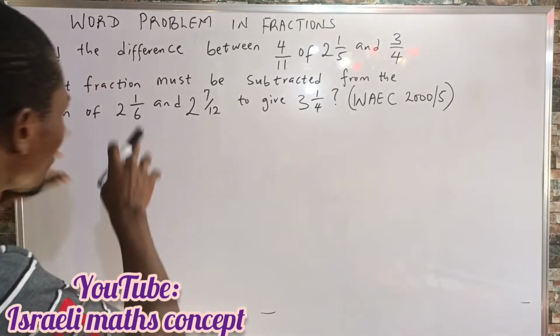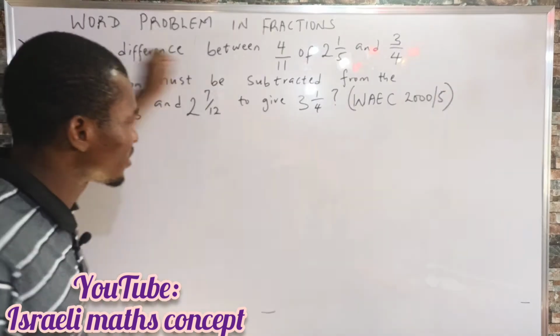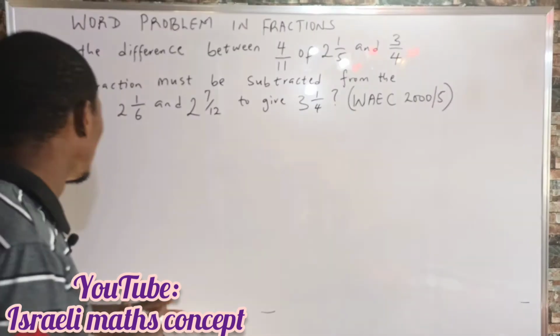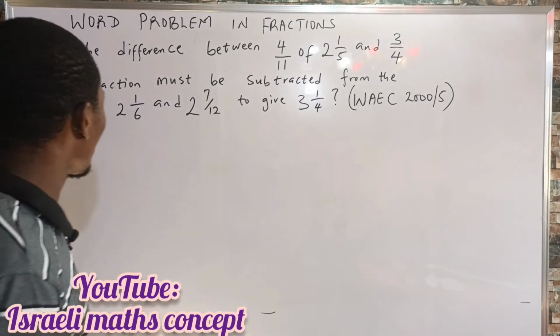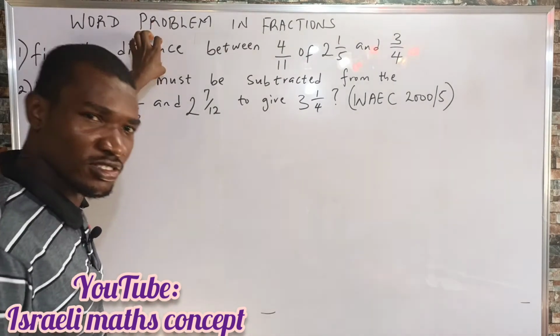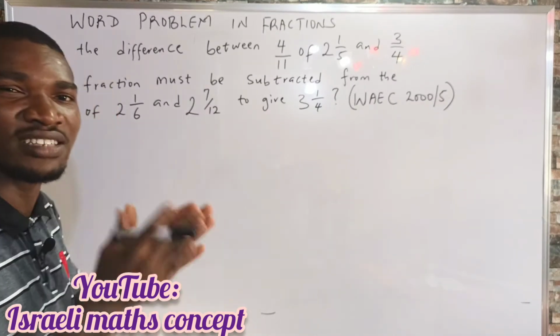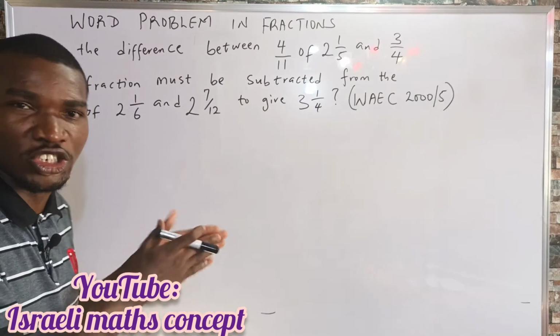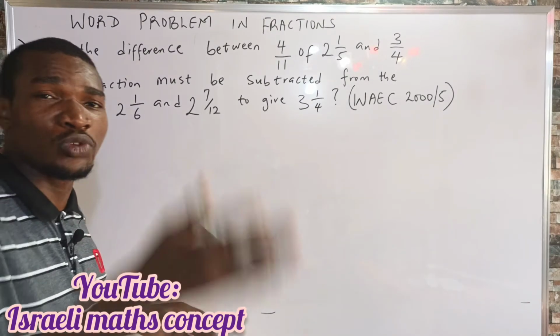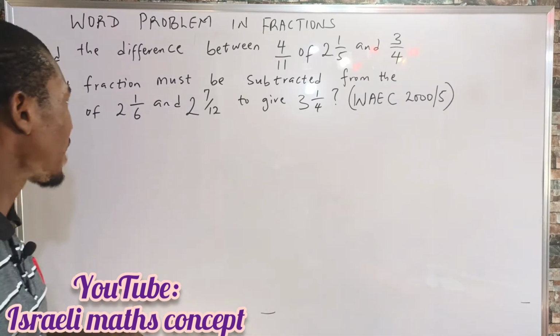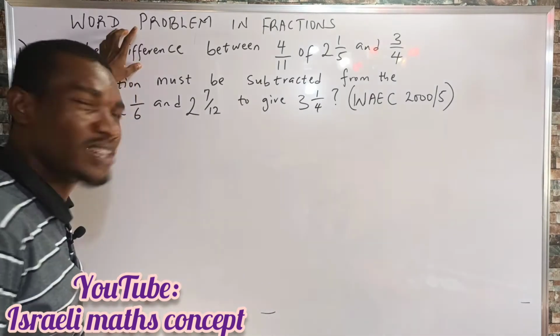So I want to first of all interpret basically this question number 1 before I go into the solving. Let me repeat it once again. The question says, find the difference. What is the meaning of difference? Difference is simply the answer you get after subtraction. So automatically, if you subtract one thing from the other, that answer or value you find after subtracting it is called difference.